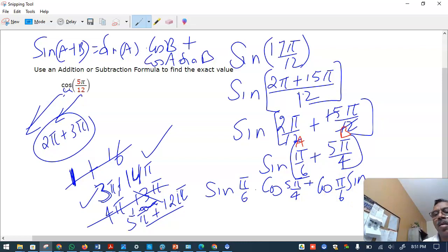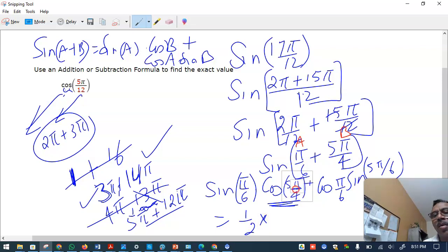And the only issue in this kind, when you try to use this one, is you need to see there's a cosine 5 pi by 4, even the first one is sine 30 degrees, which is half. But what is cosine 5 pi by 4?